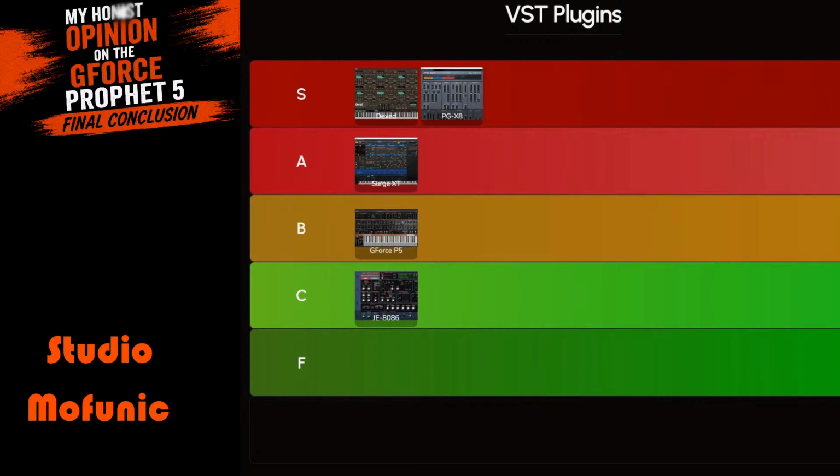And then the last one is the JA8086. That's a recreation of the GX8000, I think, yes. If I am wrong, correct me, of course. That's a very nice sounding synth, but too unstable.